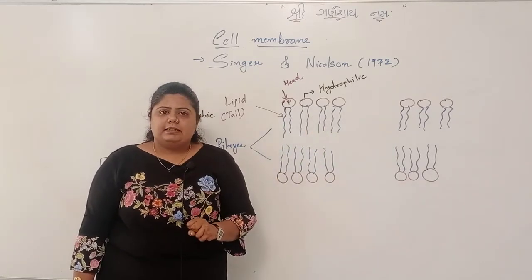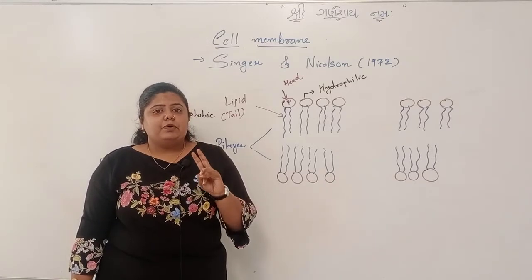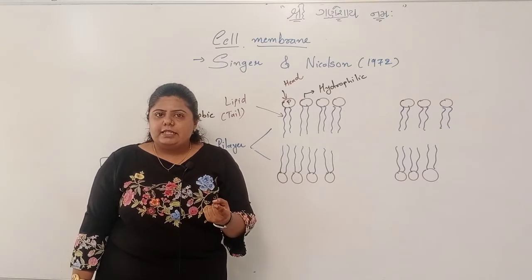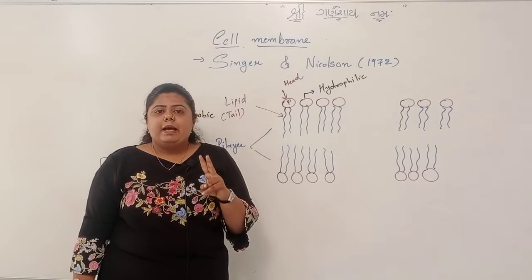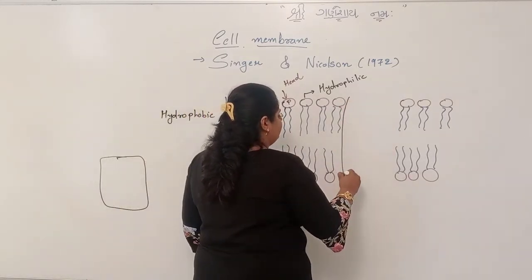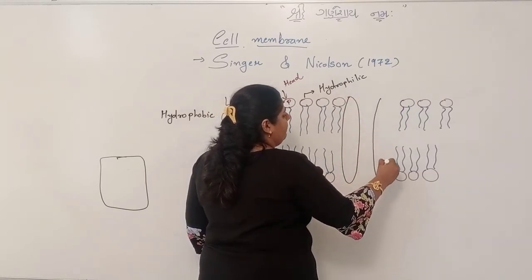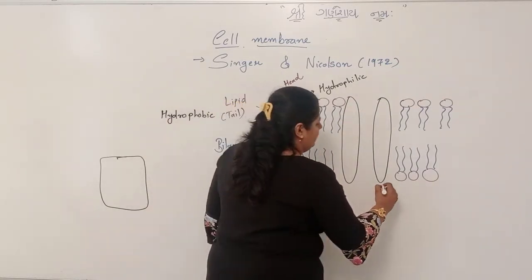In the cell membrane, proteins are also present. These proteins are of two types: internal proteins or integrated proteins, and second, peripheral proteins. So first of all, internal proteins are deeply present in the lipid bilayer.